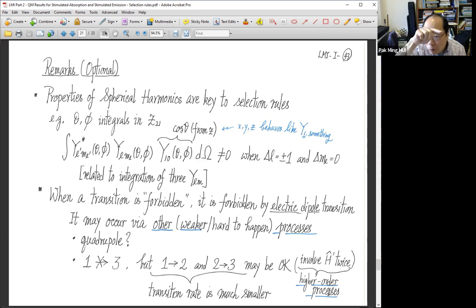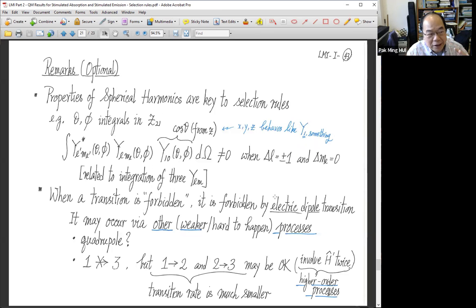First order, we have only one H prime. So basically, if you quantize the light field, it means single photon processes. So when we say forbidden, it's not absolutely forbidden. It is forbidden within our scope, the mechanism we assumed, and the level, the depth of the theory that we are using.